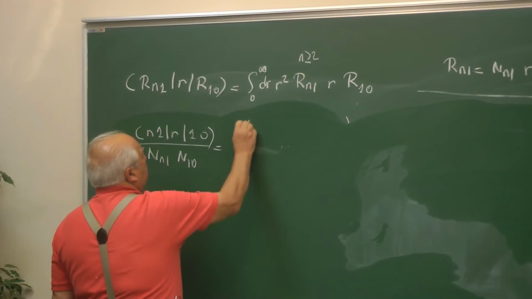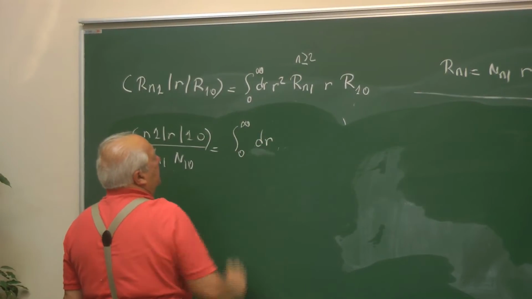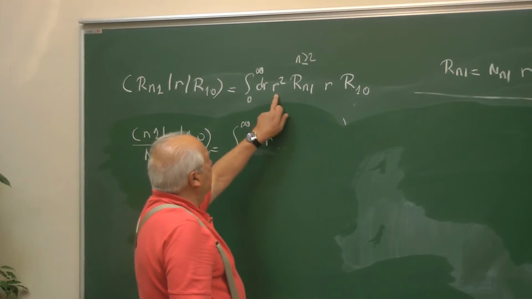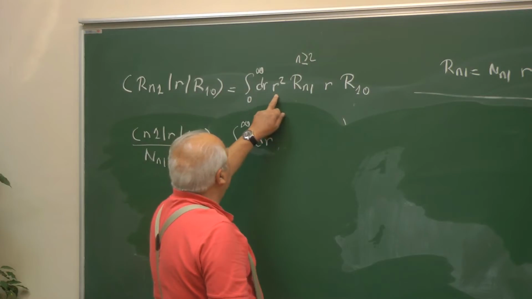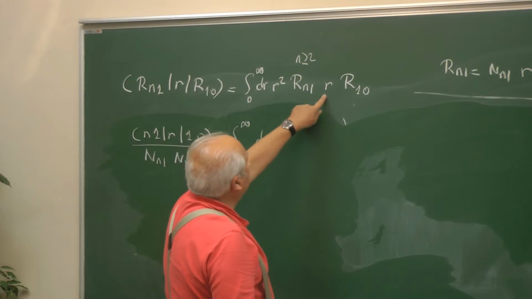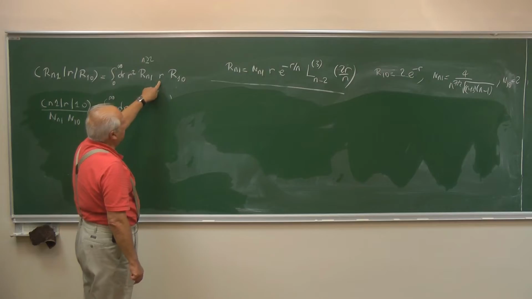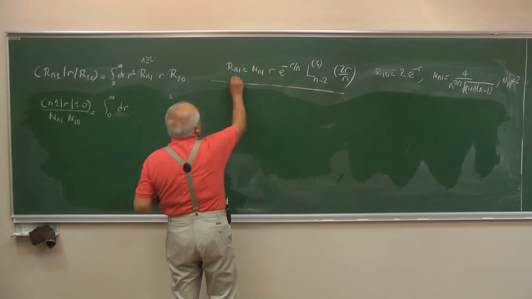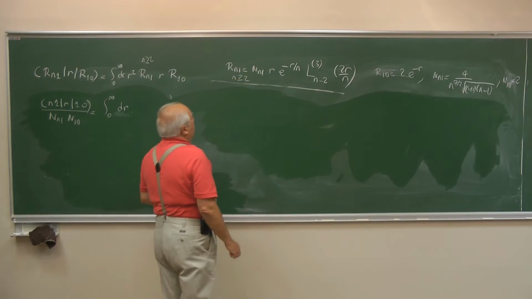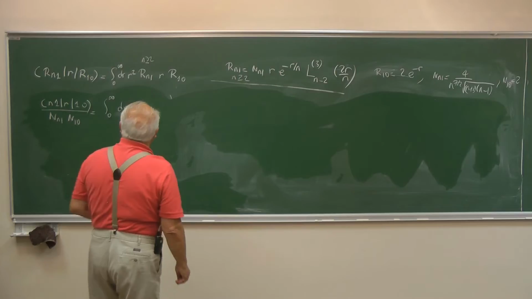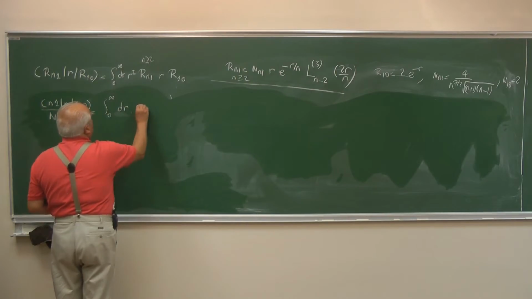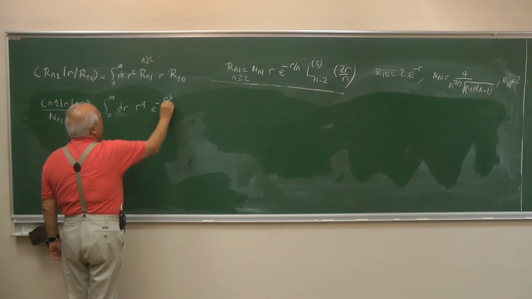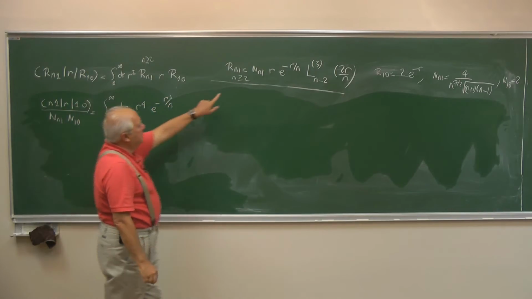This is the integral from 0 to infinity dr. Now how many r's do we have? There is the r squared from the volume element, r coming from the dipole operator, r cubed, and there is another r from this state. So that is r to the 4. R to the 4 e to the minus r over n coming from here.